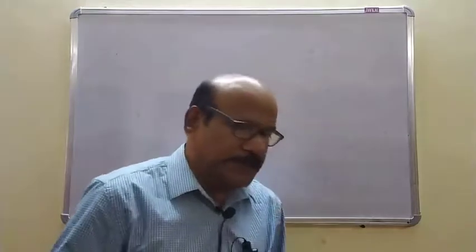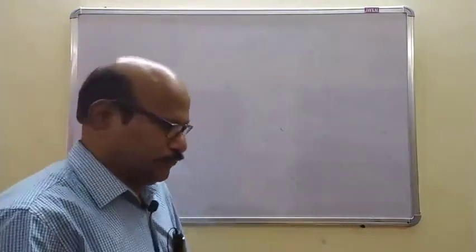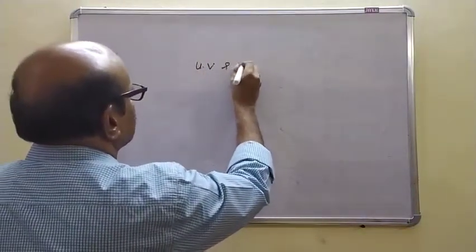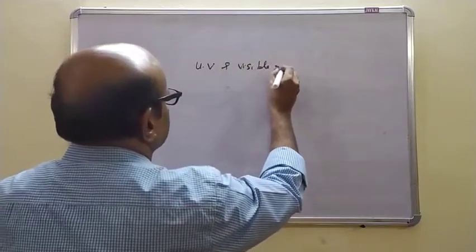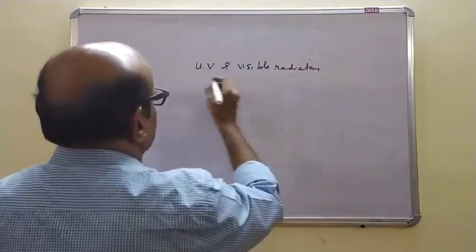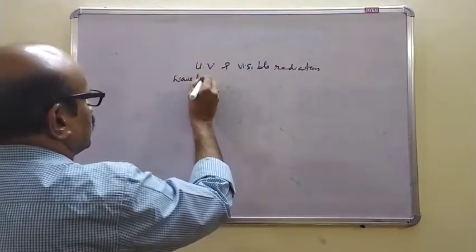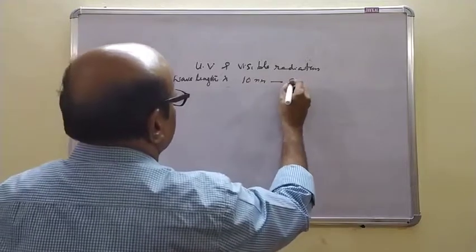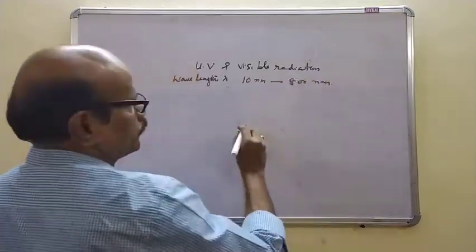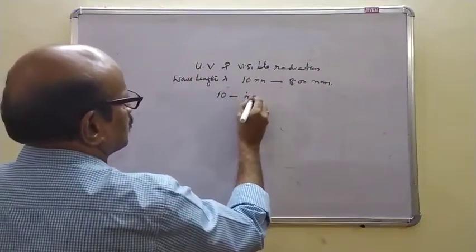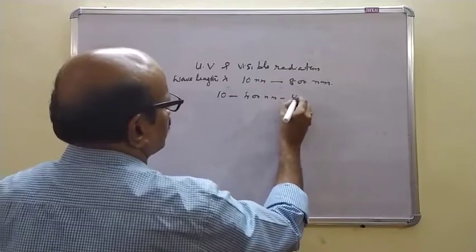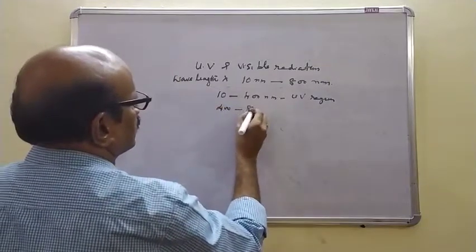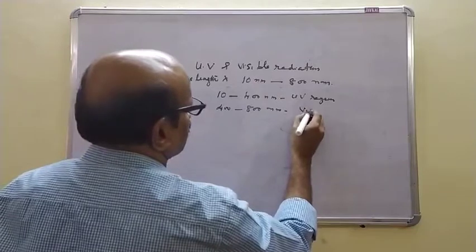As you know, the UV and visible radiation has wavelengths lambda ranging from 10 nanometer to about 800 nanometer, out of which 10 to 400 nanometer is the UV region, while 400 to 800 nanometer is the visible region.